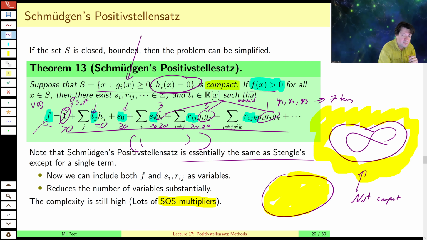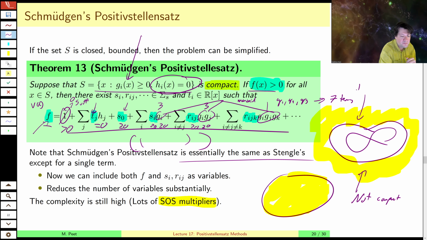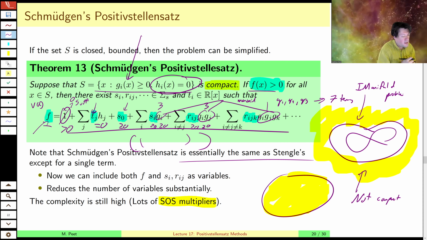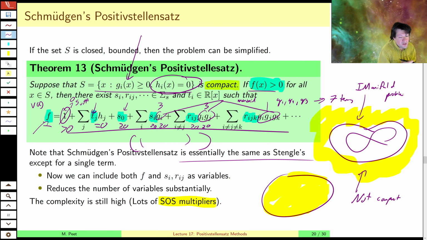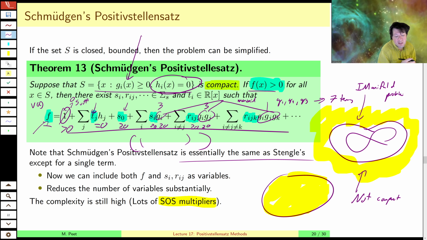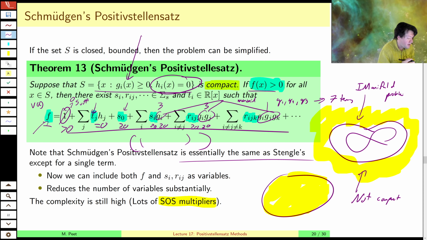So the invariant manifold problem is tricky in this case.